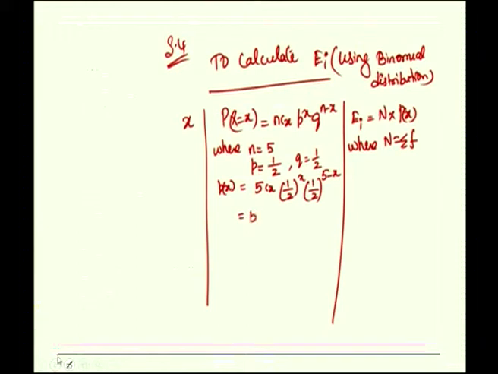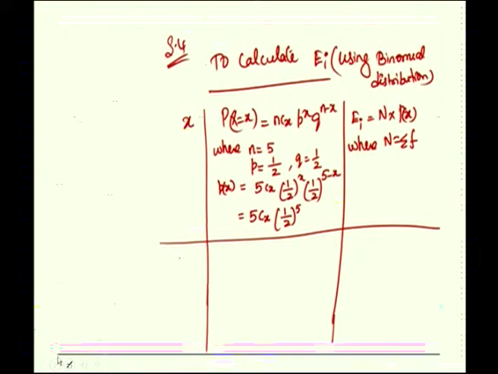For easy calculation, it is 5 C x, 1 by 2 whole power 5. With this, we proceed to calculate the expected frequencies. For x equal to 0, P of 0 is 5 C 0 into 1 by 2 whole power 5, which is equal to 1 by 2 whole power 5, and this value is 0.03125.